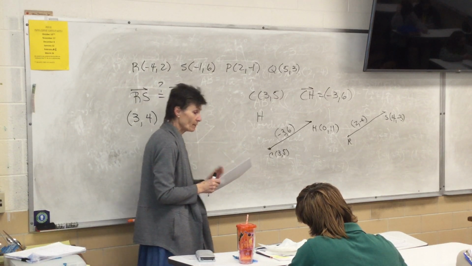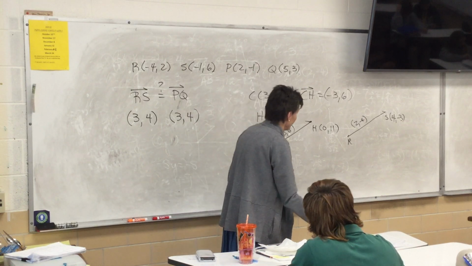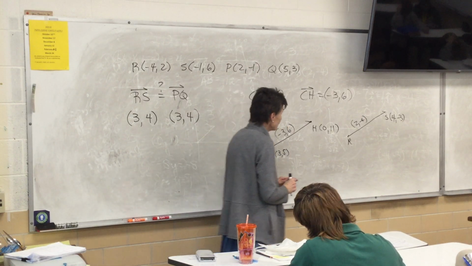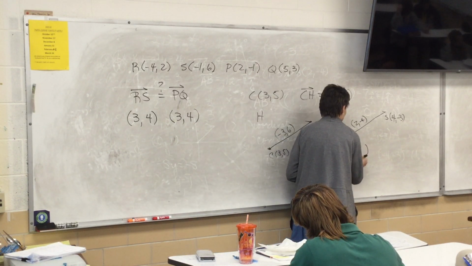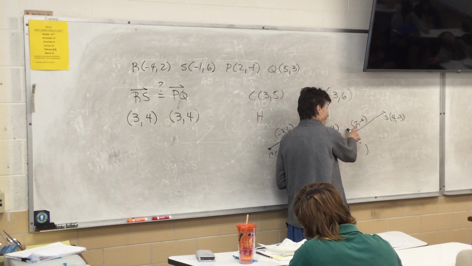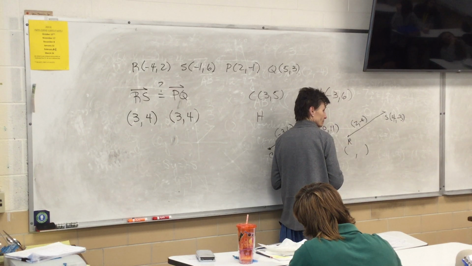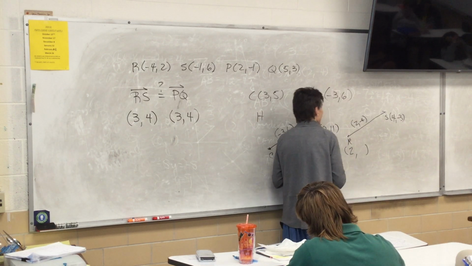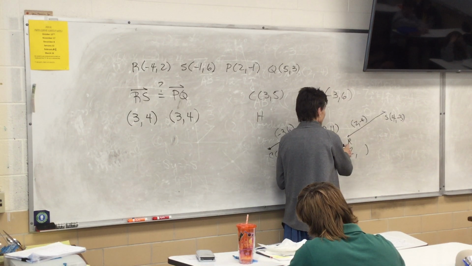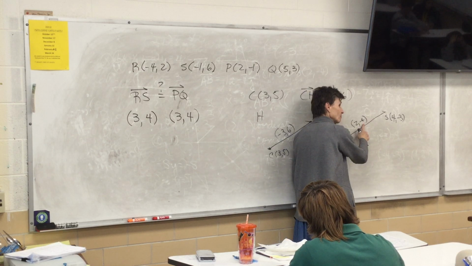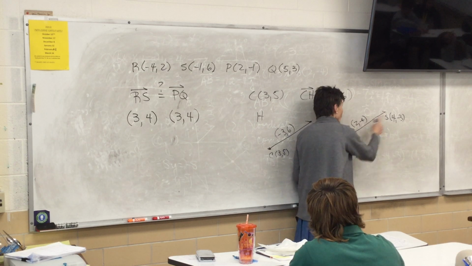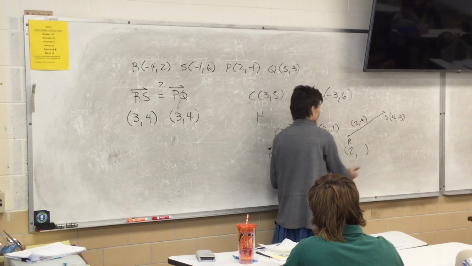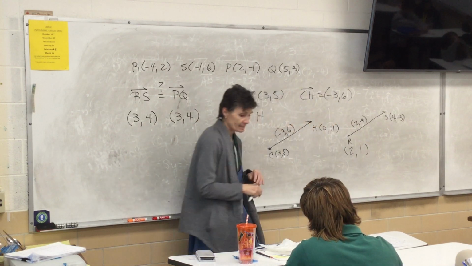Okay, so now we have to think backwards a little bit. Where did we have to start so that if we traveled positive 2, we'd end up at 4? 2. And where do we have to start so that if we back up 4, we end up at negative 3? There you go, you got it. Easy, easy, easy.